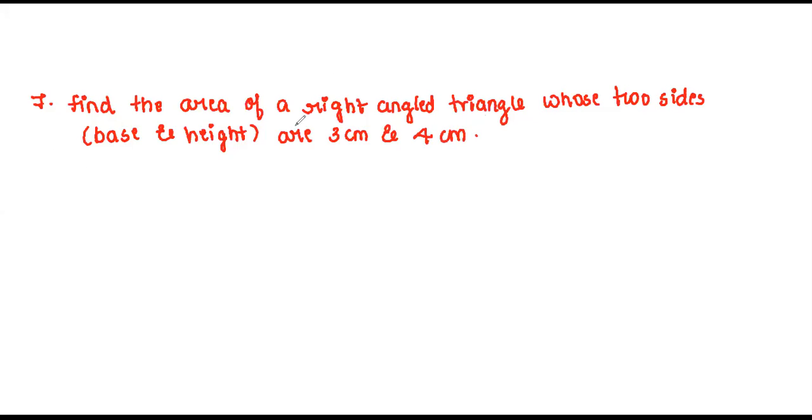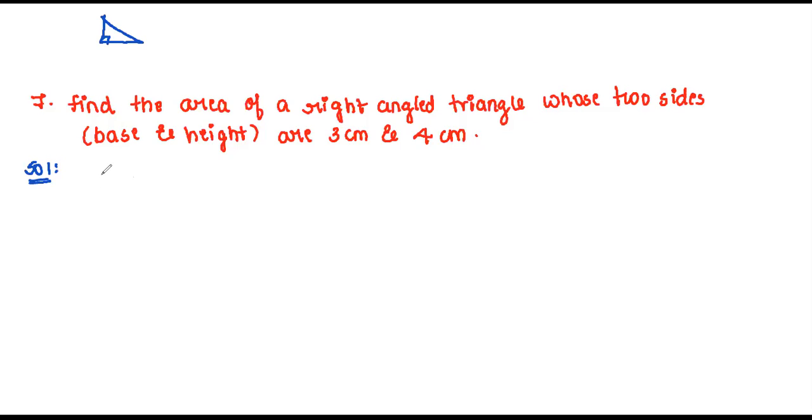All of you have a look at your question. You have to find the area of a right angle triangle. You all know what a right angle triangle is. So this is your right angle triangle. Its two sides, that is the base and the height, are 3 centimeter and 4 centimeter, and you have to find the area of it.